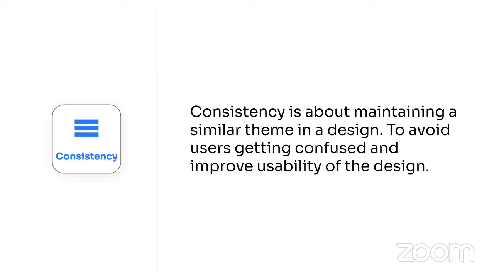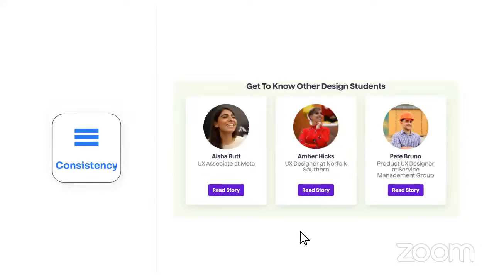If you go further, you notice that this is a design, and what is consistent in this design is the color green. Green was used throughout as the background color.